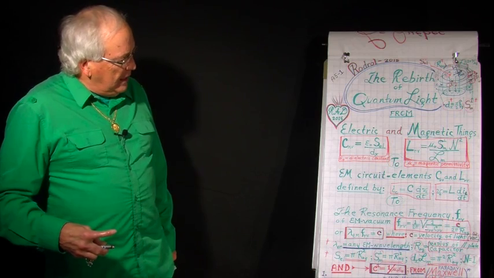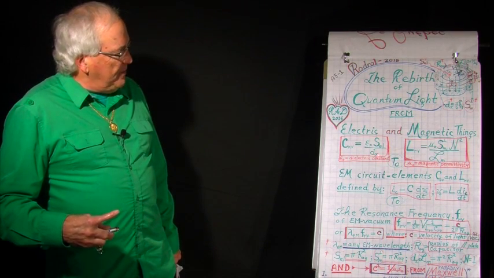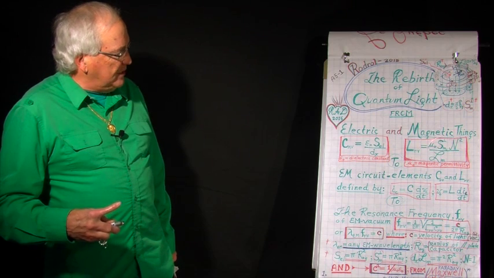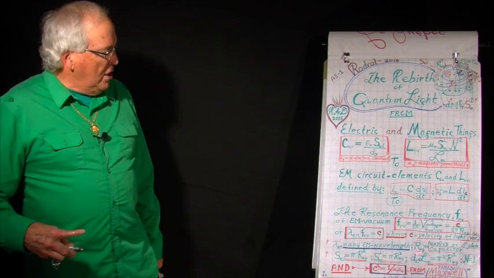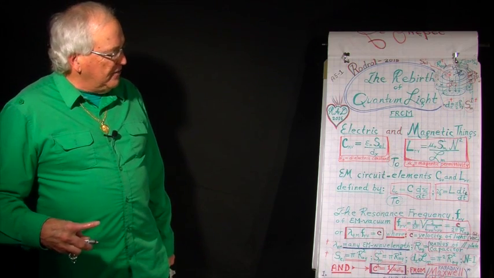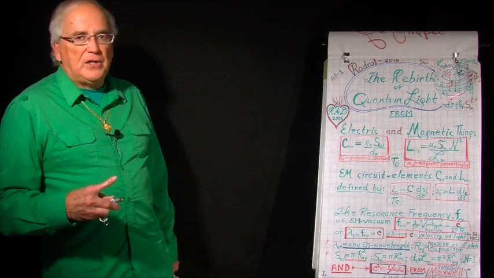Then if we just do the elementary mathematics, putting these values there with the definition of the surface down below, we end up with the resonant frequency of the vacuum simply given by the speed of light divided by 2 pi multiplied by the radius.